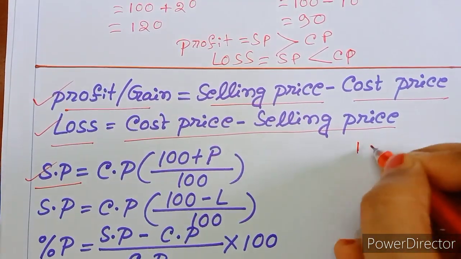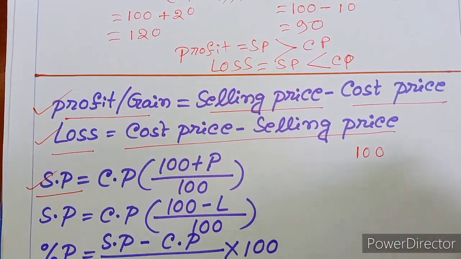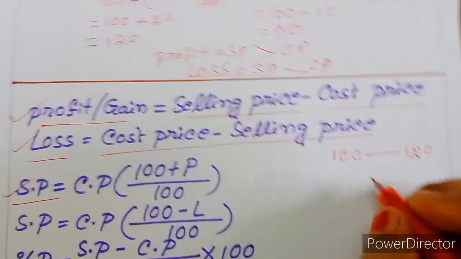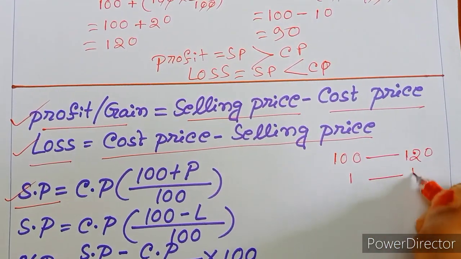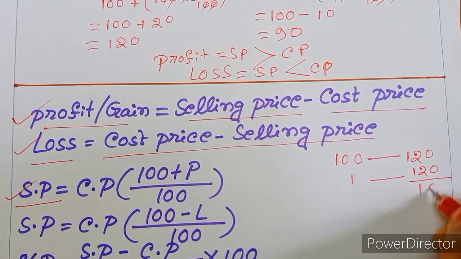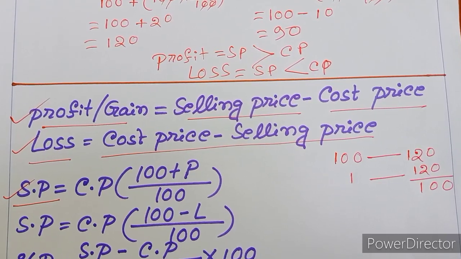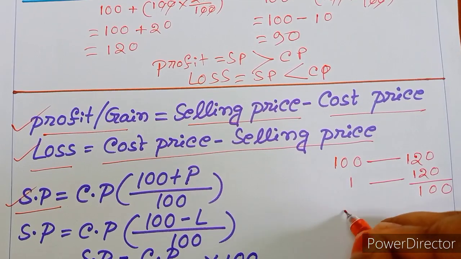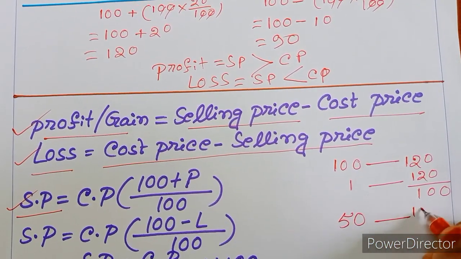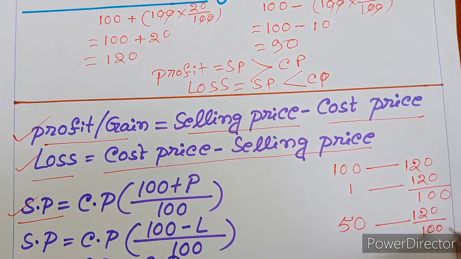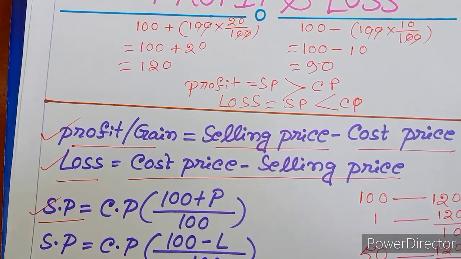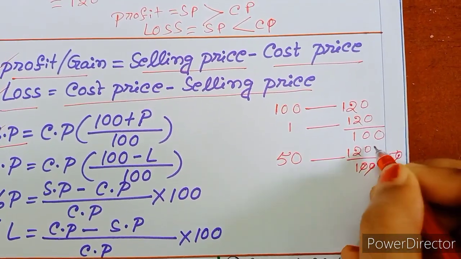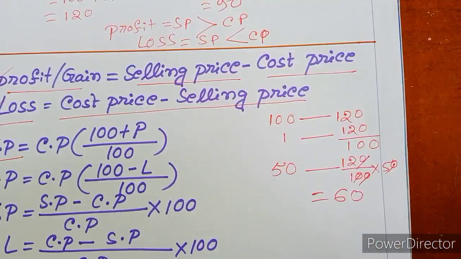So, whenever the price is 100, we sell it at 120 rupees. Suppose the actual price is 50 rupees, then its selling price is 60.